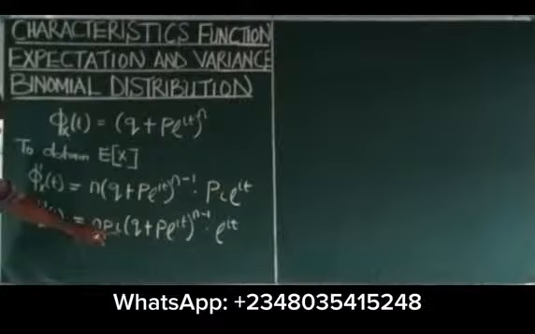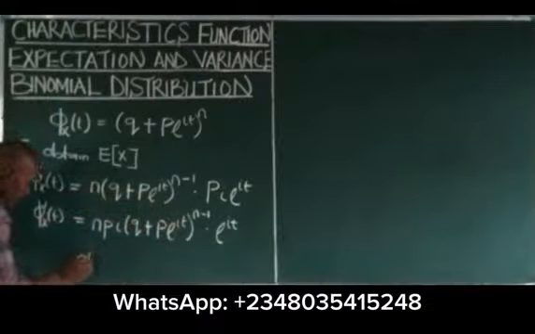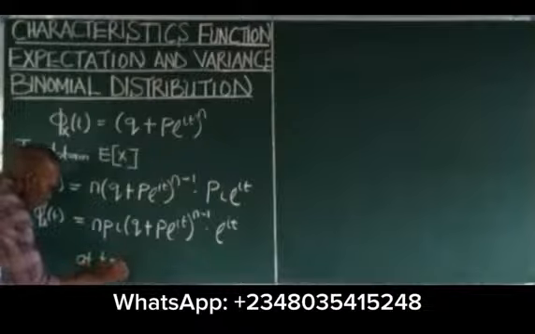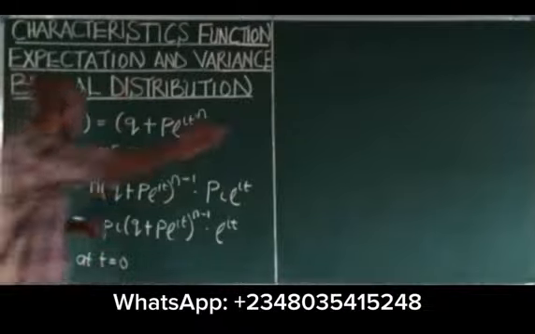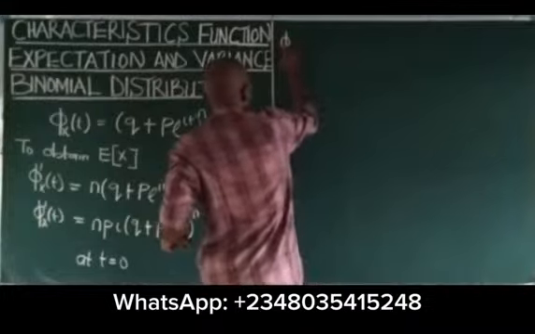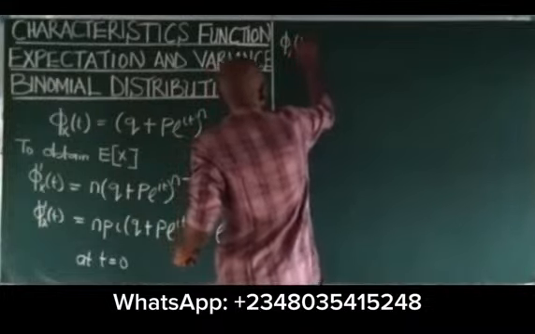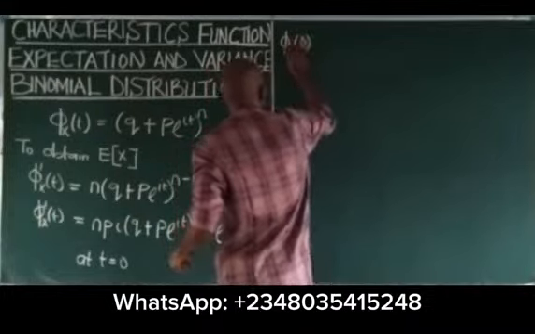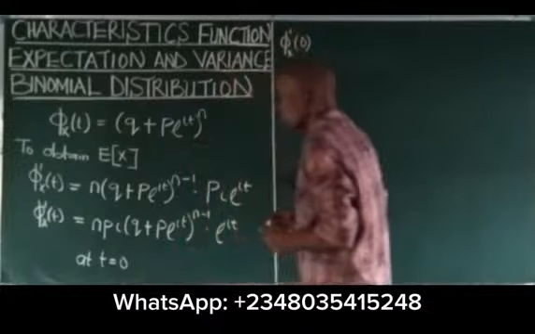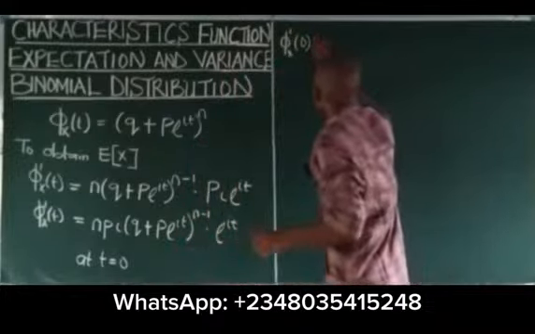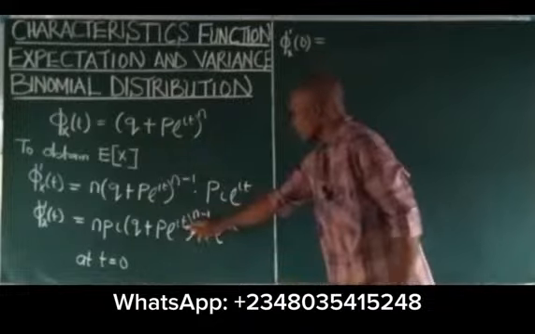We now say at t equal to 0, we move over to this other side of the board. At t equal to 0, our characteristic function will be written as this. Anywhere we see t, we put 0.